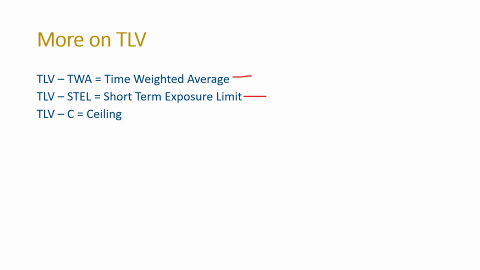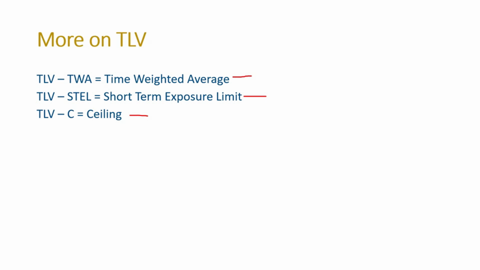This short period of time is commonly defined as about 15 minutes, and that 15-minute exposure should not occur more than 4 times a day, and there should be at least 60 minutes between successive exposures at the TLV-STEL. Finally, the ceiling, the TLV-C, is a concentration that should not be exceeded at any point during the worker exposure.